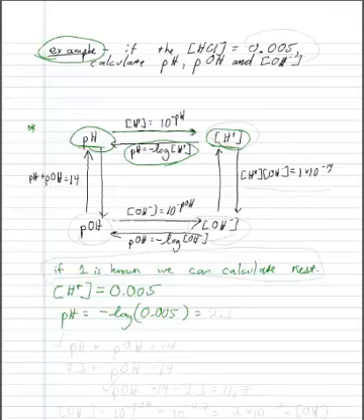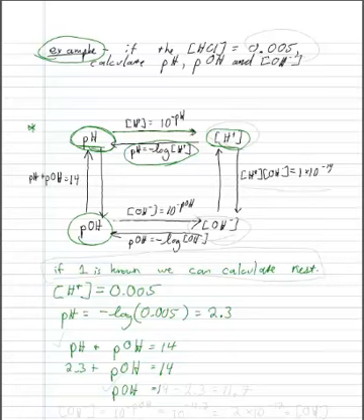In knowing my pH, I can calculate my pOH down here. I know the sum of pH plus pOH must be equal to 14. So 2.3 plus pOH is equal to 14. I can easily solve for my pOH, subtracting 2.3 from both sides: 14 minus 2.3 is equal to 11.7.